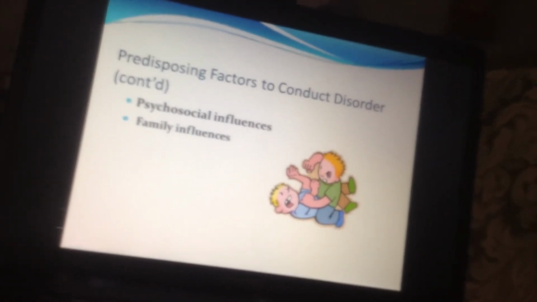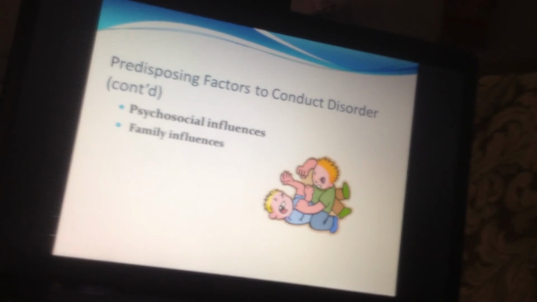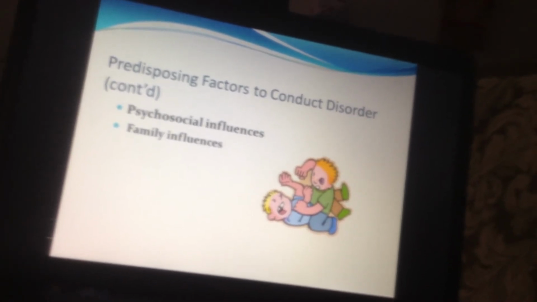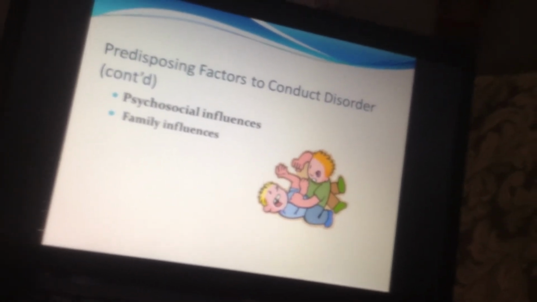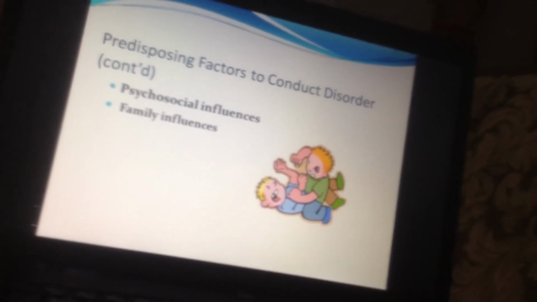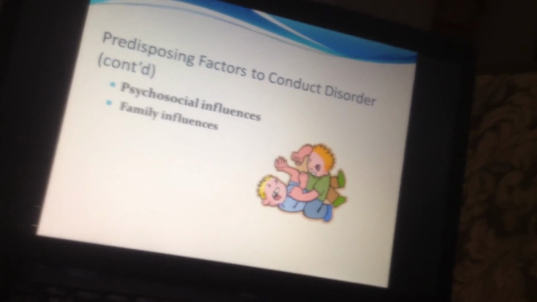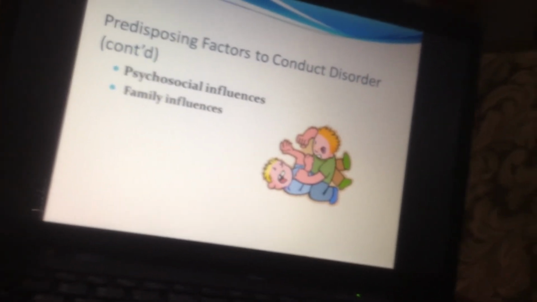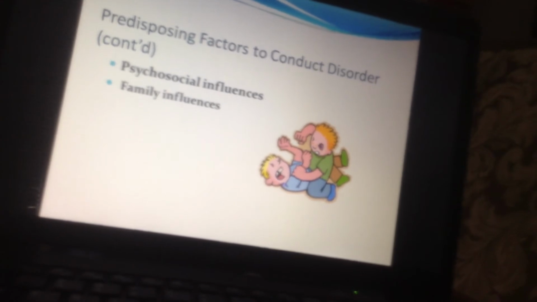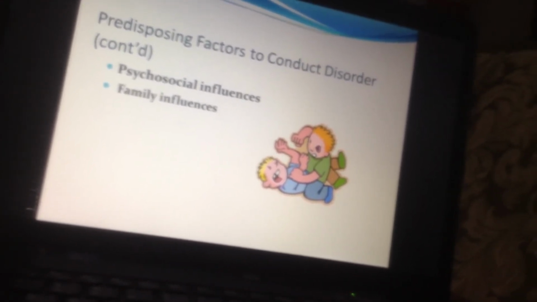The other things are psychosocial influences and peer relationships. Most of the time, these kids are very aggressive, so they are not able to form a good peer relationship, and because they cannot form a healthy relationship with their peers, they may have more aggression. So it is like a cycle.